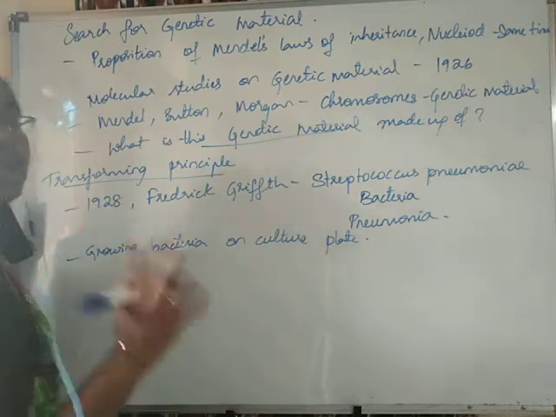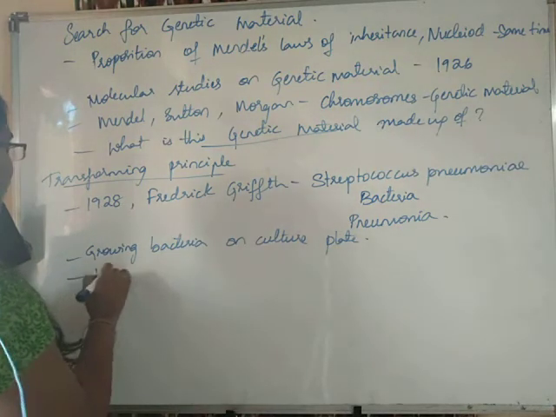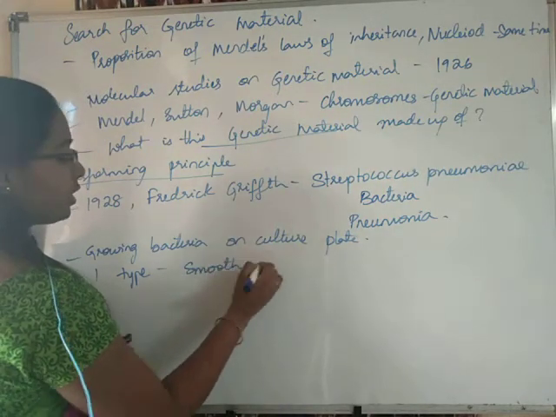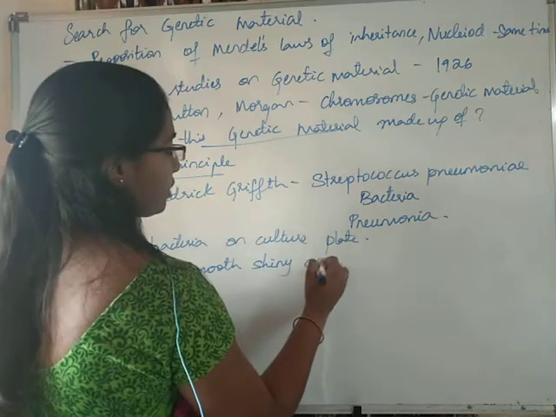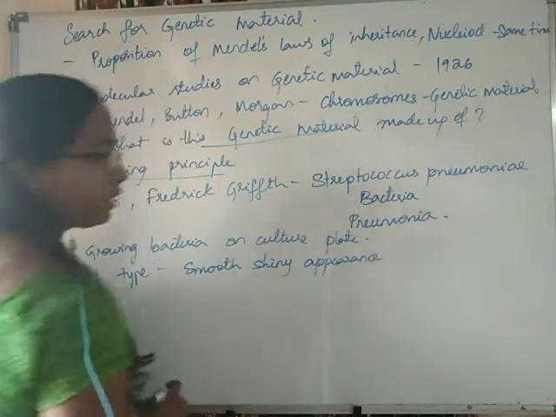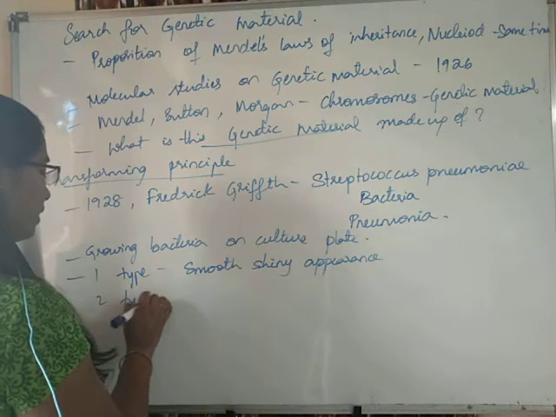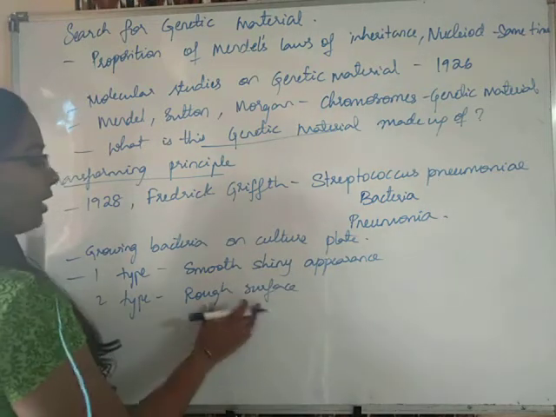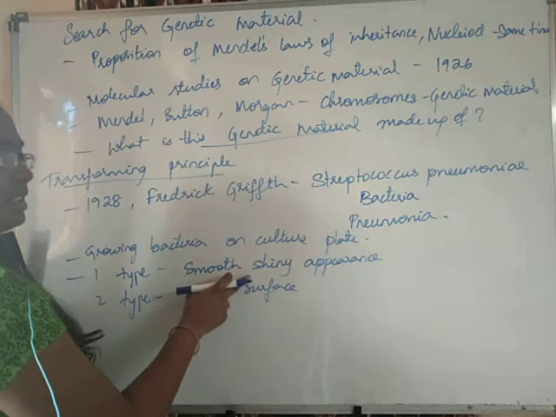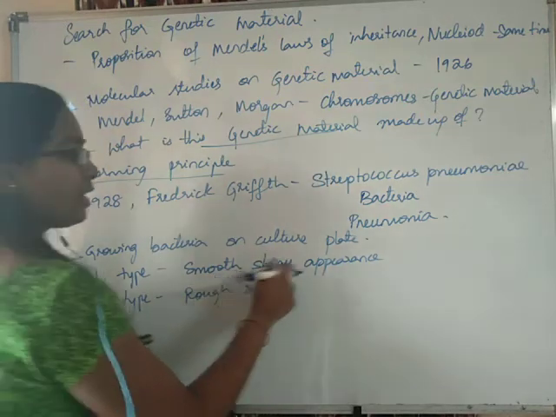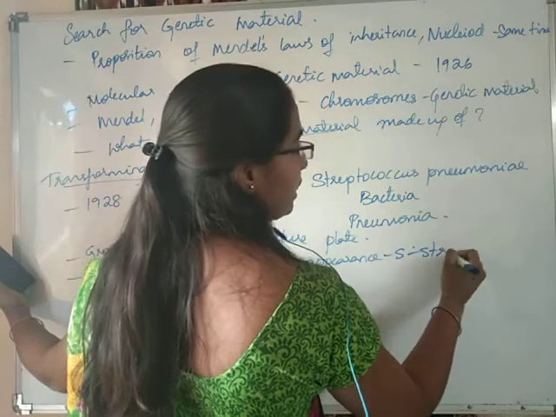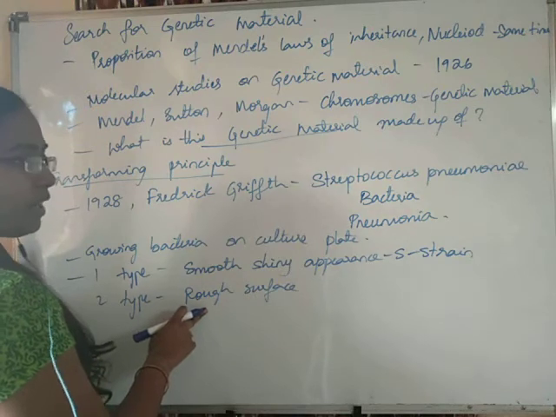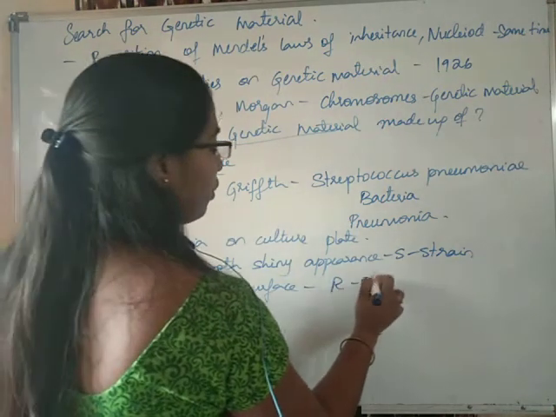Then he observed two varieties of Streptococcus pneumoniae. One type showed a smooth, shiny appearance, and the second type had a rough surface. He called the bacteria with the smooth shiny appearance S strain, and the bacteria with a rough surface R strain.